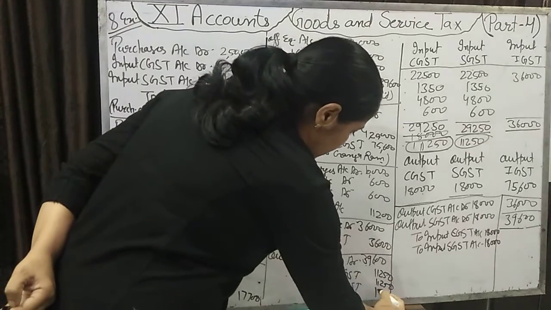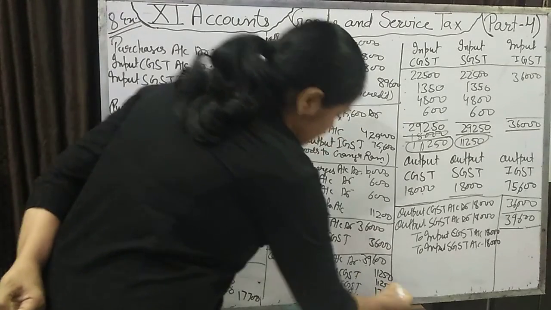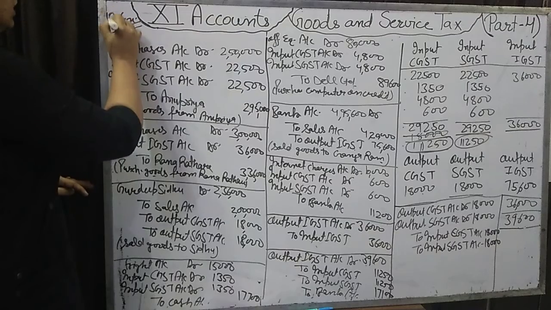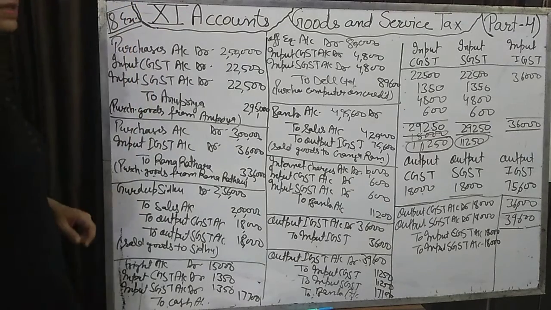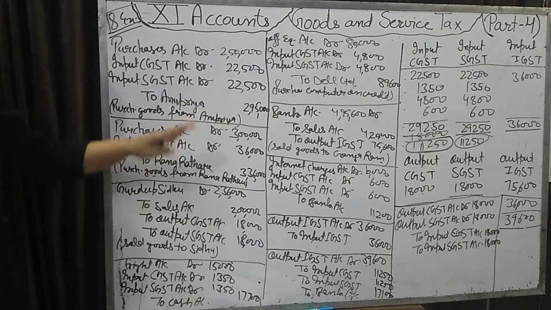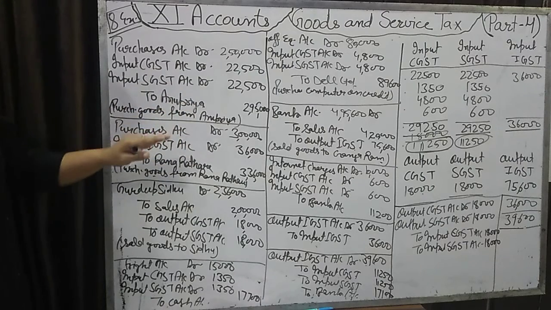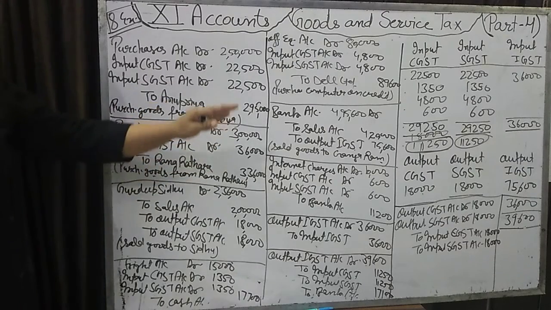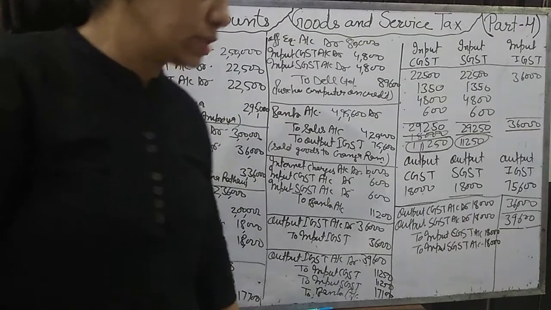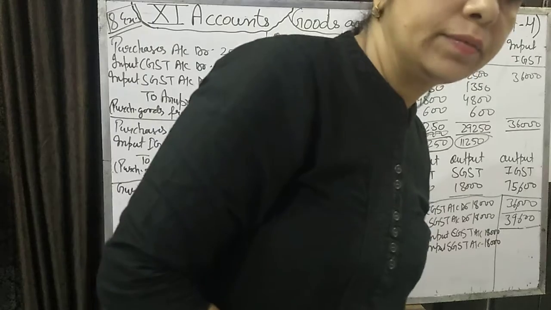It will come to 17,100, that we will pay to the government. Okay. So this is the 8th illustration in which mostly the full chapter has been covered. Adjustment also, CGST, IGST, SGST, all the taxes and adjustment of all 3 taxes. Okay. Now, yes students, your chapter has been completed.